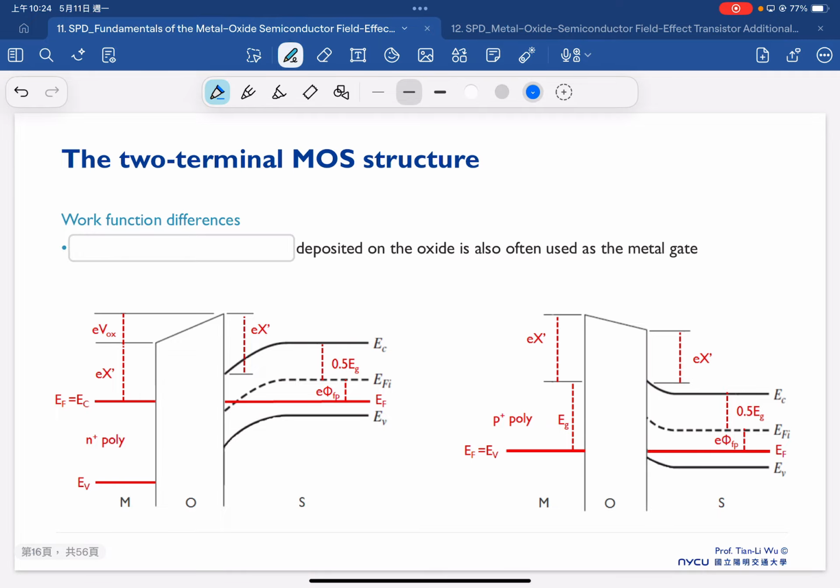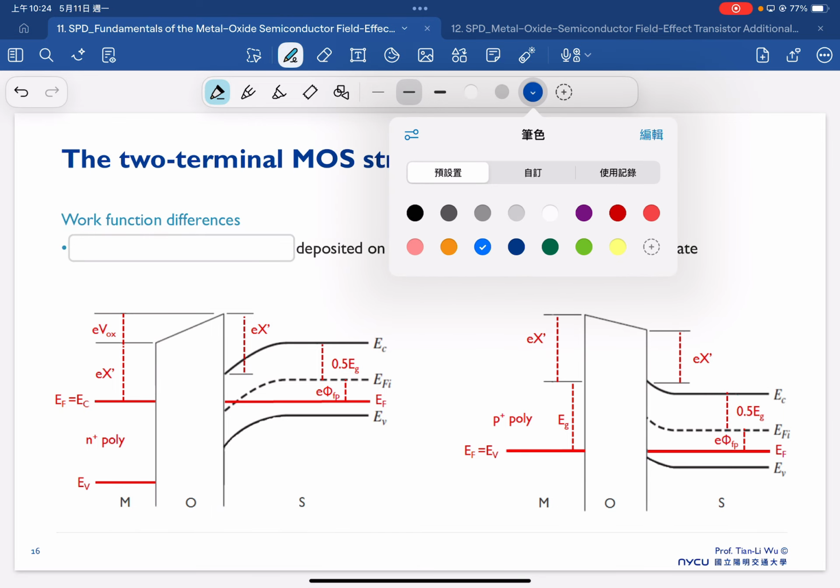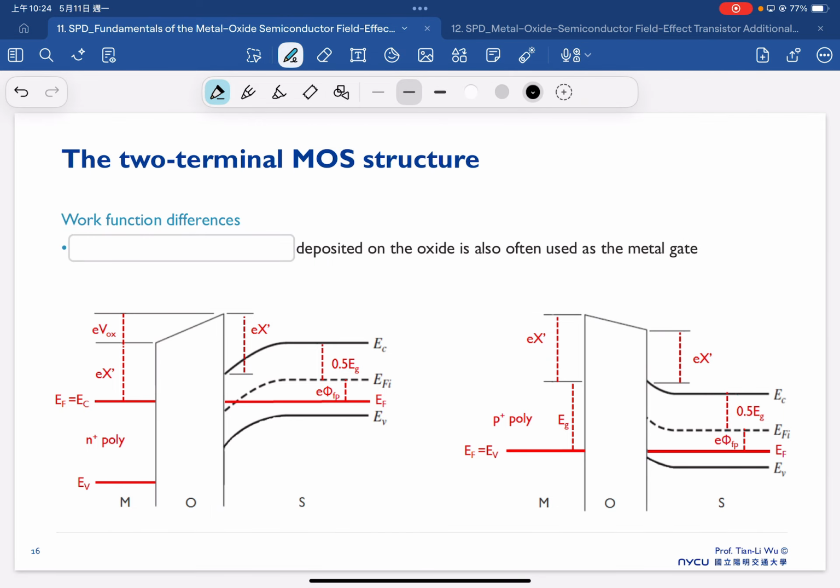And there's one additional concept. In most cases nowadays, if we look at the gate electrode, we have several possibilities.